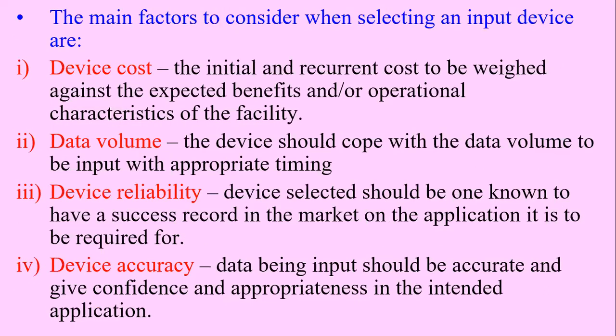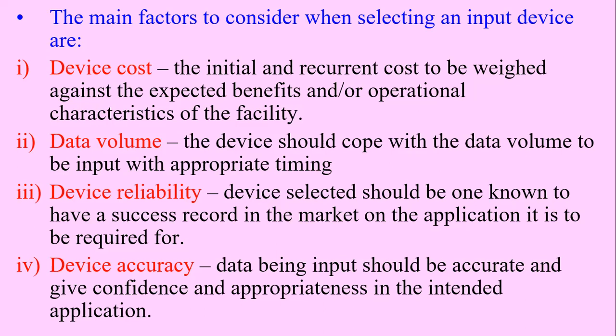The main factors that you need to consider when selecting an input device that we're going to use include, number one, device cost. This is the initial and the current cost, which should be weighed against the expected benefits and or operation characteristics of the facility. Number two, data volume.